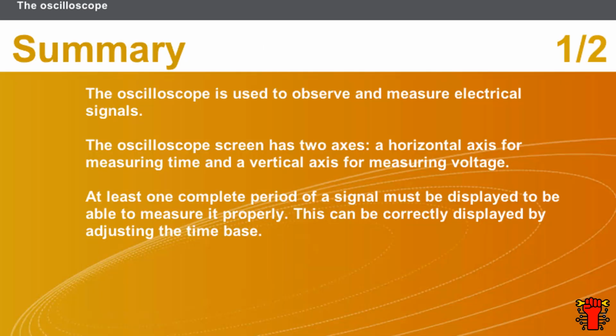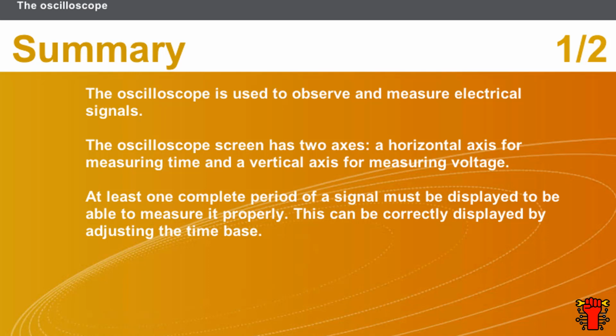In this chapter, we covered the following points. The oscilloscope is used to observe and measure electrical signals. The oscilloscope screen has 2 axes, a horizontal axis for measuring time and a vertical axis for measuring voltage. At least one complete period of a signal must be displayed to be able to measure it properly.